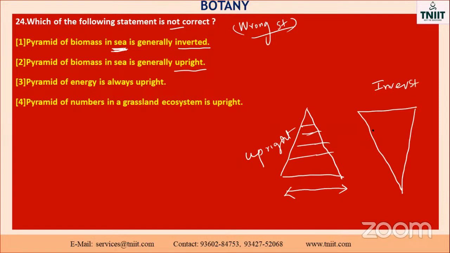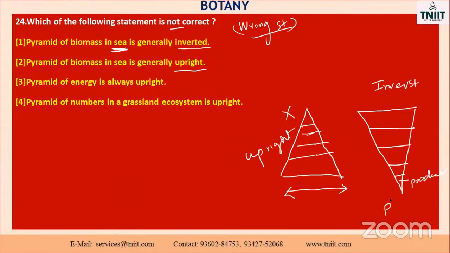First, you should know what types of pyramid are present. So this one, upright, it will not come. Because why? Here, the producer is very few in nature. That's why the producer is denoted as a small portion only.